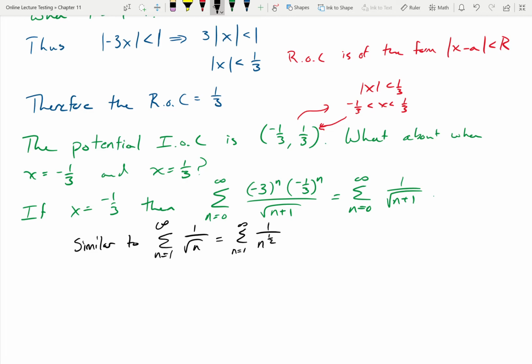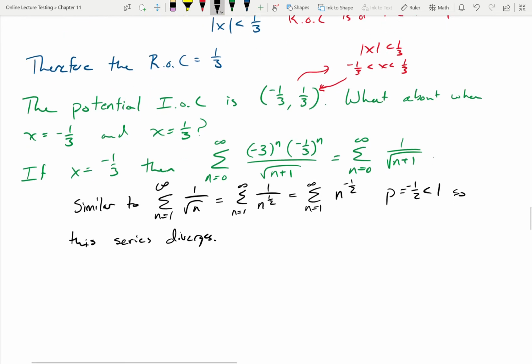Well, n to the 1/2 power needs to be rewritten a little bit more as n to the negative 1/2 power. So here, p is 1/2, which is less than 1. So this series diverges.